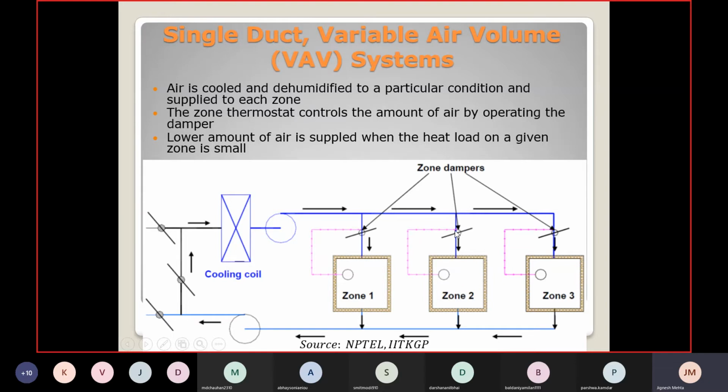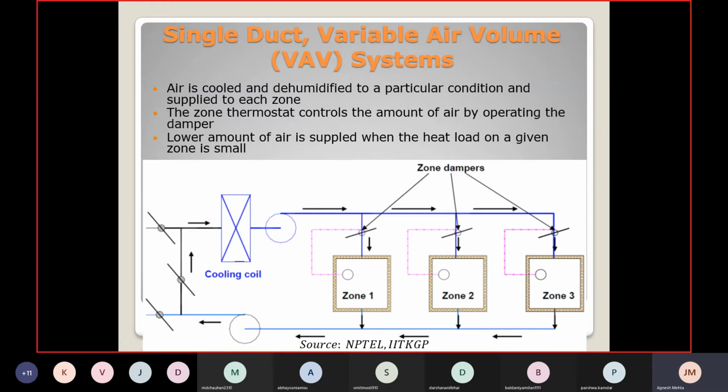So you will supply a very low amount of air, but when the amount of air is low, proper distribution is also difficult, right? So that is one of the difficulties. Second, when the amount of air is low, the amount of fresh air supplied is also low, so the amount of ventilation is also low. So that may be a bit of a problem in these types of systems.